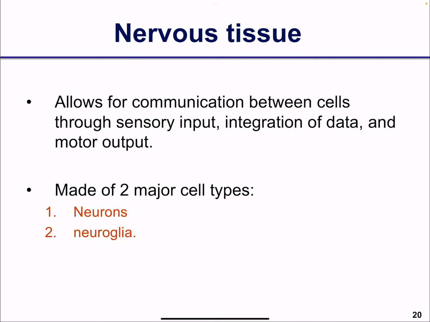How about the nervous tissue? First, what is the role of the nervous tissue? The job of the nervous tissue is to allow communication, to carry information from one place to another, specifically from a sensory organ that is going to collect the sensory input to a central system where the information is going to be integrated and a decision is going to be made for a motor output.